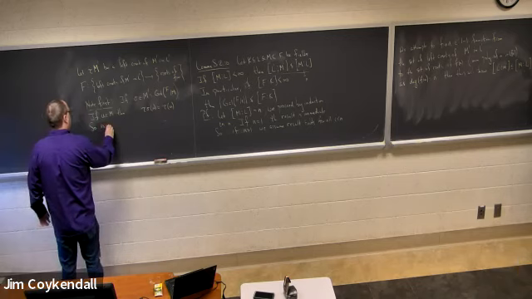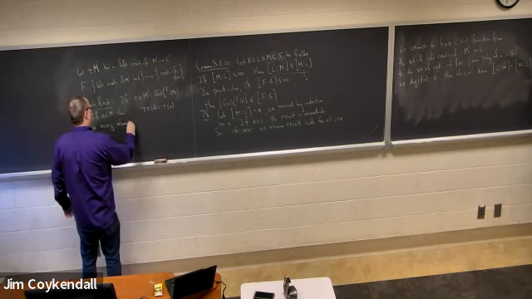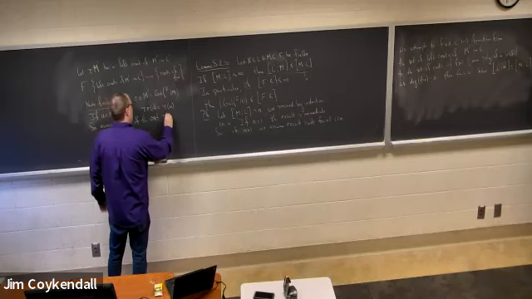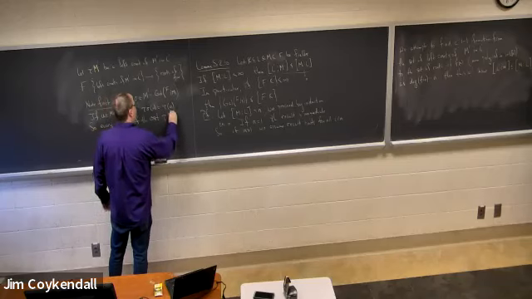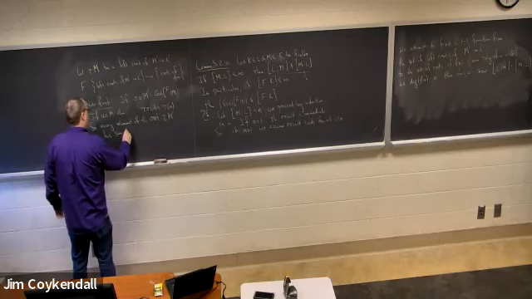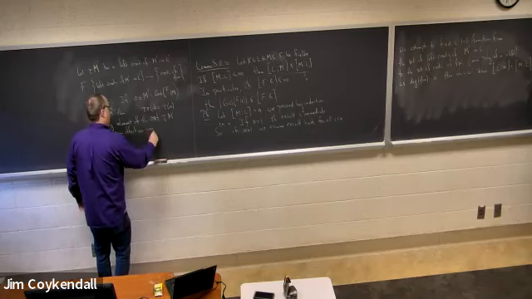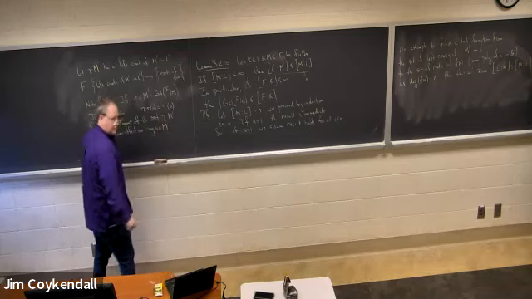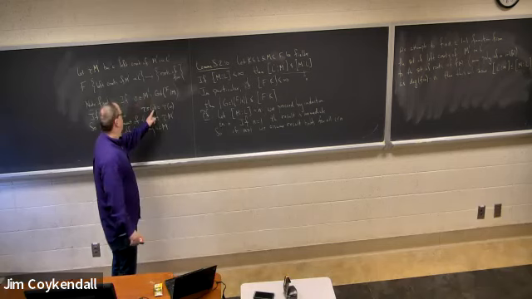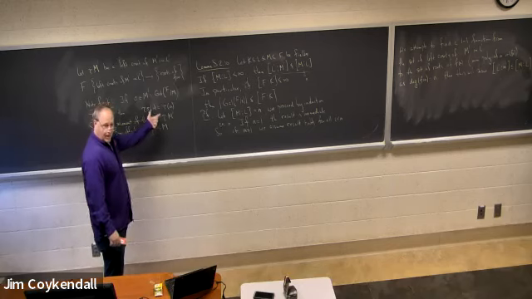So the upshot of this is that every element of the coset tau M prime has the same effect on any U in M. Because if any element of tau M prime has the same effect as tau, they all do.